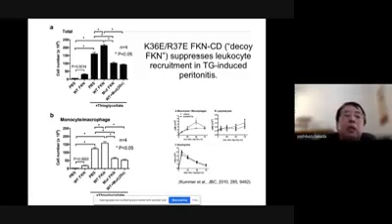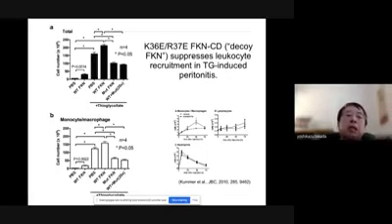This is an in vivo study, and I won't show you in detail, but when the drug thioglycolate is injected into the mouse peritoneal cavity, it induces peritonitis. Then a lot of leukocytes migrate into the peritoneal cavity.